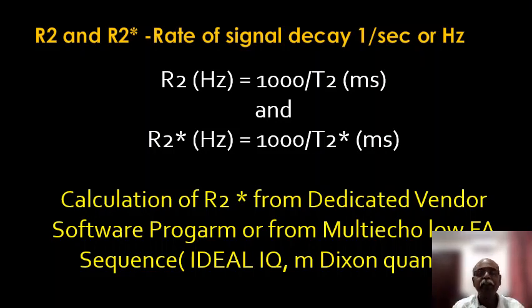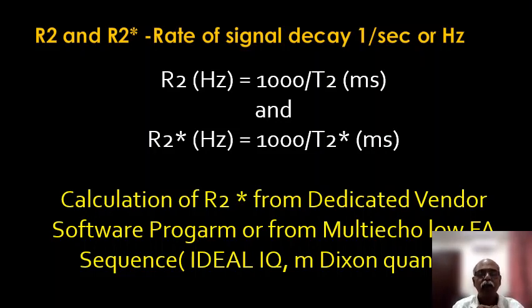That means excessive iron overload, and that is why T2 star values are very low. When T2 star values are very low, it means there is severe hepatic iron overload. So always remember that R2 star and T2 star are inversely related. When you calculate, 1000 by R2 star, because they are inversely related, is the T2 star.